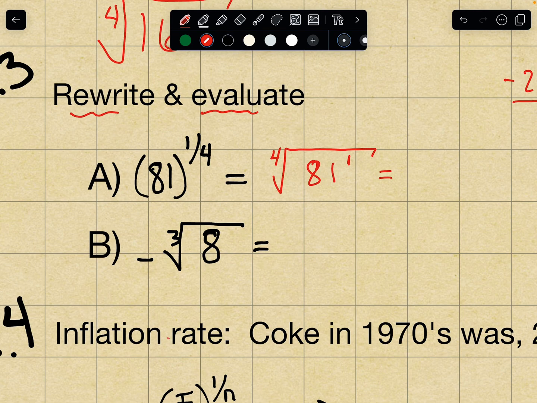Hopefully you are trying some numbers out. What number times itself 4 times is 81? You might have to hit pause here and figure that out. So whether you did that or you went to your calculator and hit 81 to the 1/4 power, either one should have given you 3.